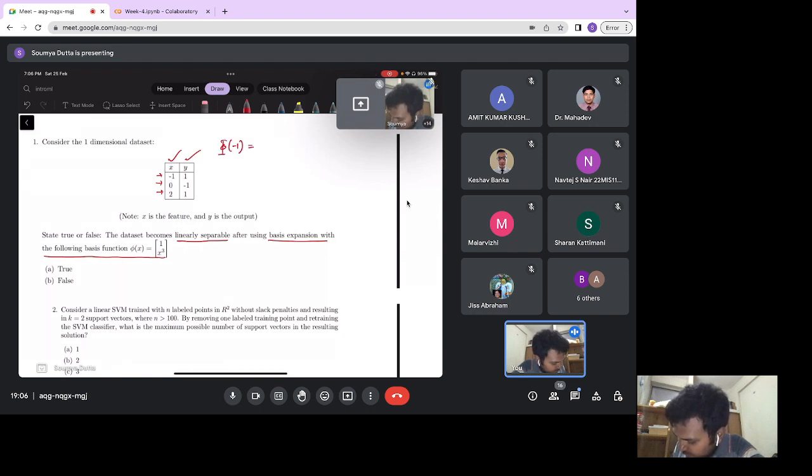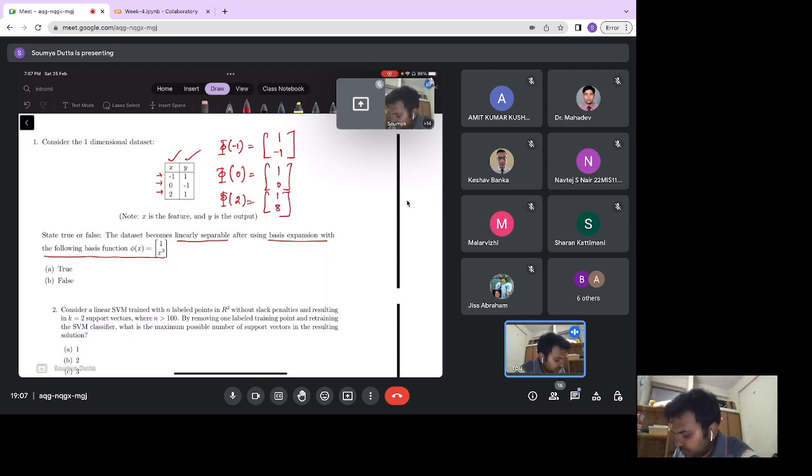So phi of minus 1 would become 1 and minus 1, right? Because any x after being passed to phi of x becomes 1 and x cube. So 1 remains 1 and x cube becomes minus 1. Similarly, phi of 0 becomes 1, 0, and phi of 2 becomes 1 and 8.